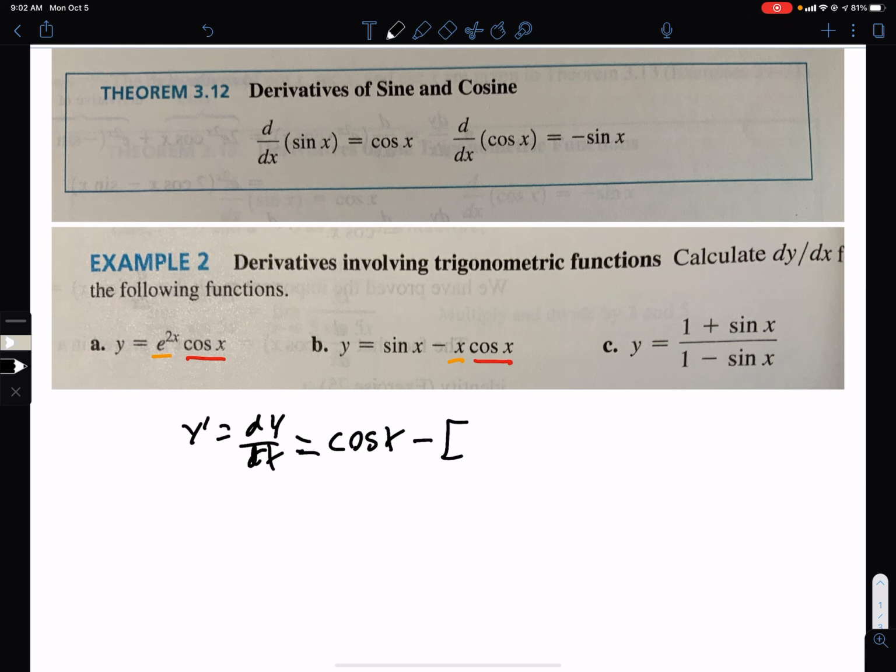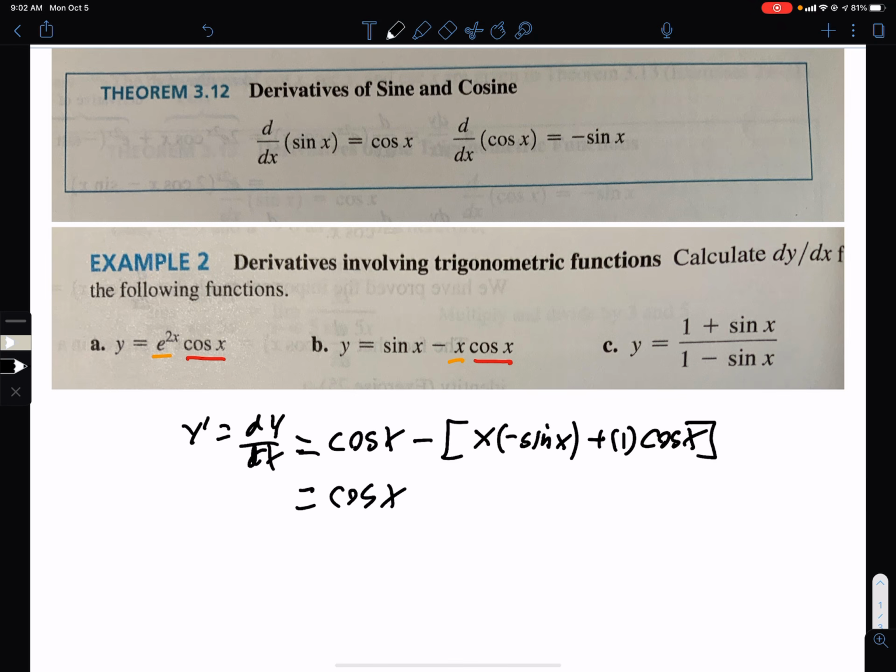Minus, but the second part, I have to do product rule, so I'm going to leave myself some space. I leave the first alone, which is x, and I take the derivative of the cosine, which is opposite sine, which you will have memorized very shortly. And then I take the derivative of the first. Well, the derivative of x is 1, and you leave the second alone.